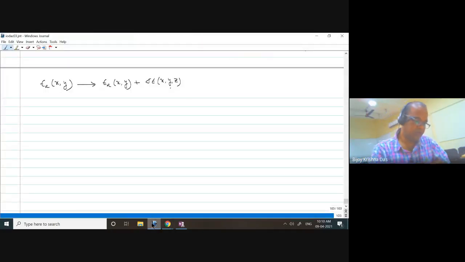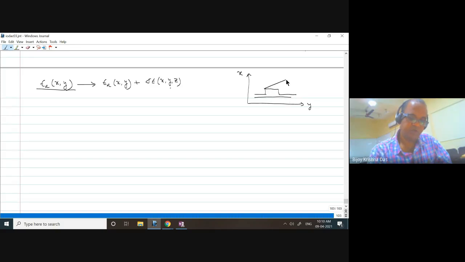So we have been discussing the coupled mode theory for a waveguide system defined by a dielectric constant epsilon xy. That means, if any waveguide system, the cross section we are considering as y and this is say x, and then this is your waveguide. It can be an SOI waveguide. Z direction is the propagation.